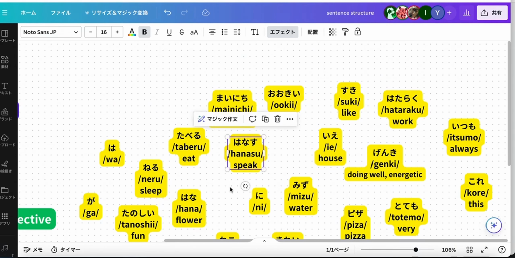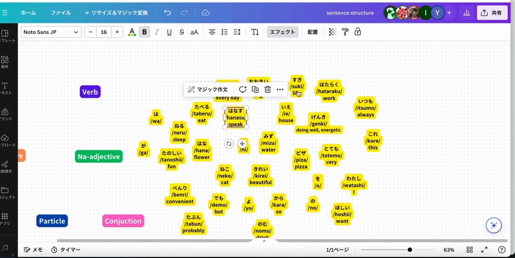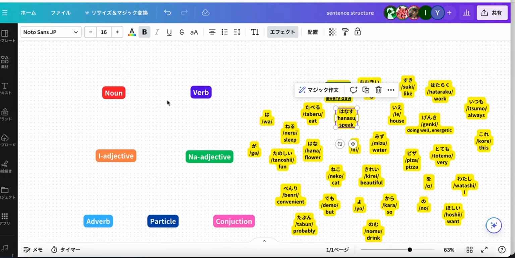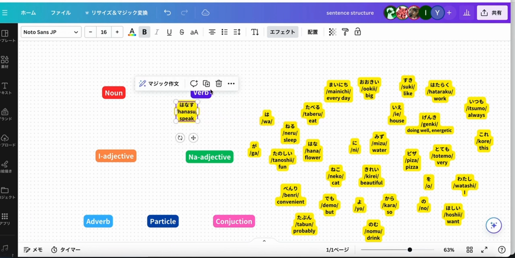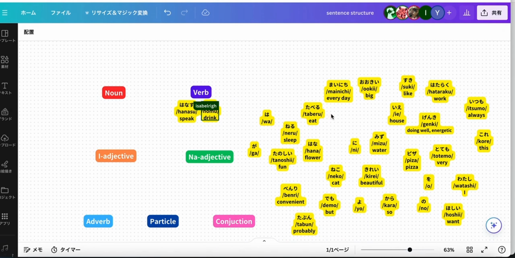So now I want you guys to categorize these words into these classes or parts of speech. So I think 話す is a verb. So let's put it around here under the verb. Yeah, so you can start moving around and you can click and move the words to the right class.